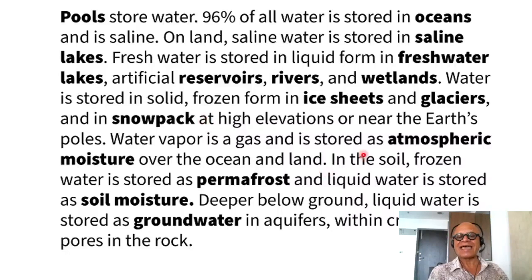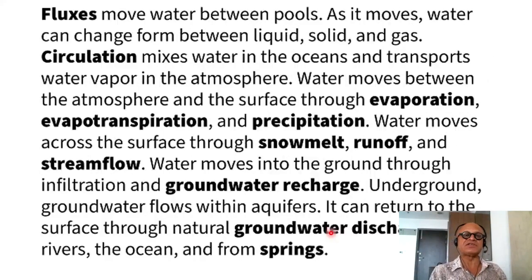Water vapor is a gas and is stored as atmospheric moisture over the ocean and land. In the soil, frozen water is stored as permafrost, and liquid water is stored as soil moisture. Deeper below the ground, liquid water is stored as groundwater in aquifers within cracks and pores in the rock. Okay, nothing new there, but just defining these things.